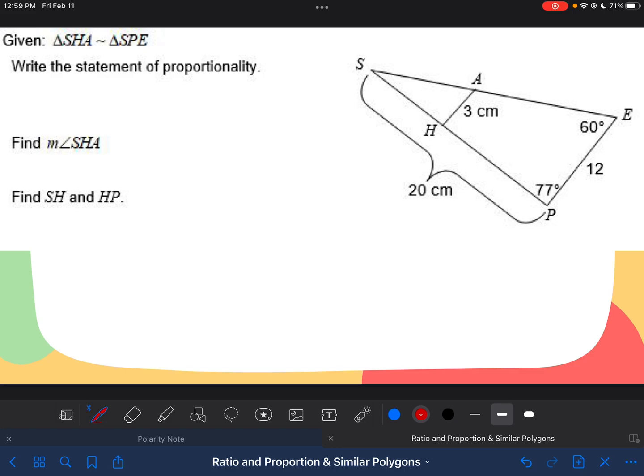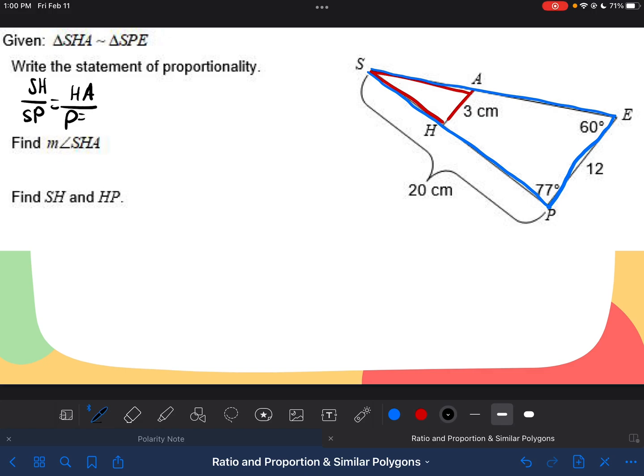Right now, we can see that there are 2 triangles, one here and another one right here, just like how the question stated. So what we're going to do is write down the proportionalities. I'm just going to write them down if you guys already have tried to do it. So it's SH over SP equals HA over PE, SA over SE.